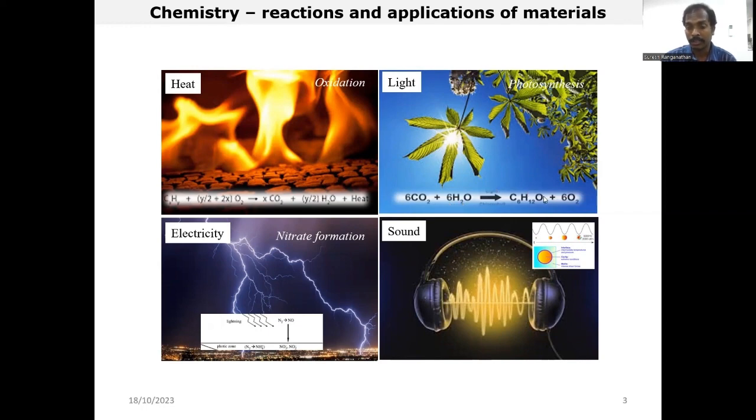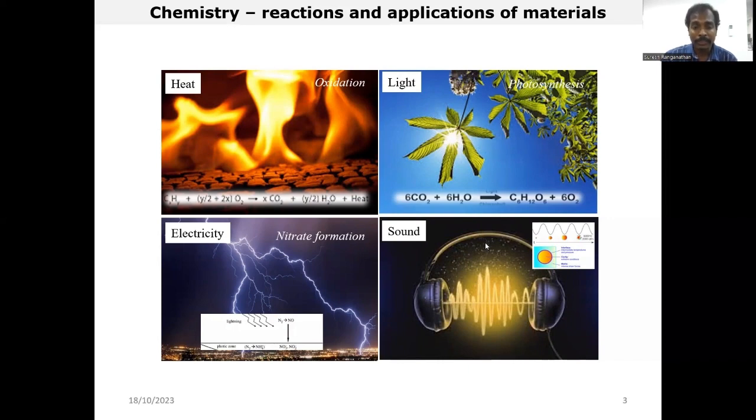They will form carbohydrate and oxygen. Even electrical energy can be used to perform a chemical reaction. The best example is the lightning process. During lightning, nitrogen gas present in the atmosphere will be converted into nitrate.